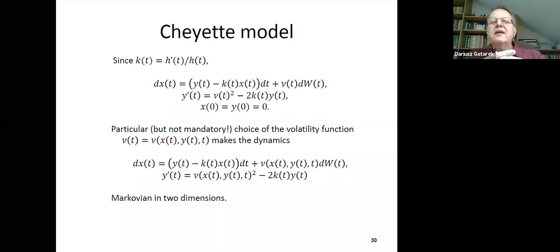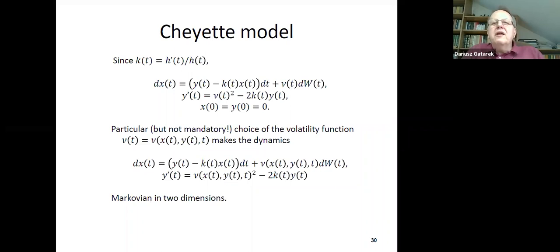This is the reason why that model was developed, although Cheyette didn't know it, because the model was created some 30 years back, and the pure formula for interest rates is relatively new.